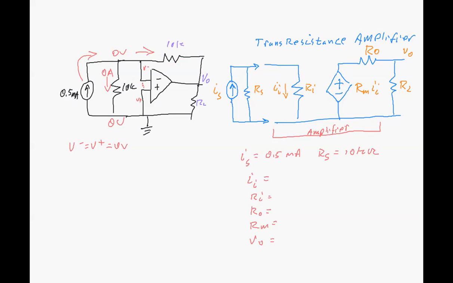So one thing that you can see right off the bat from that statement is that Rin is what this signal generator, which is a current source, sees looking into the amplifier. Well, it's 0. So Rin is 0 ohms.